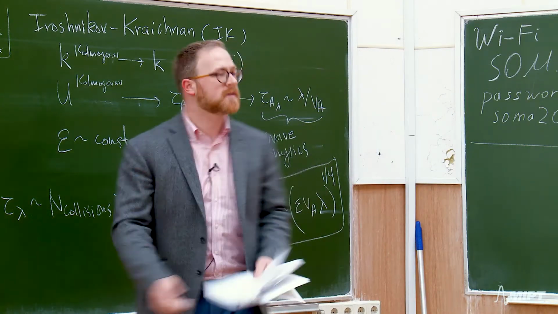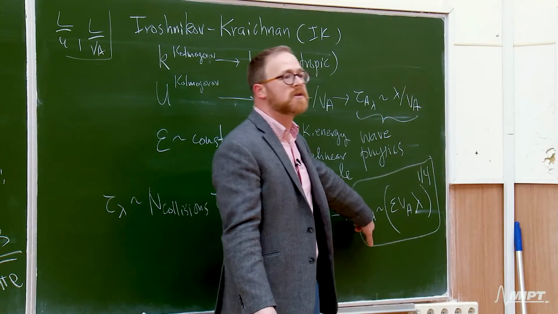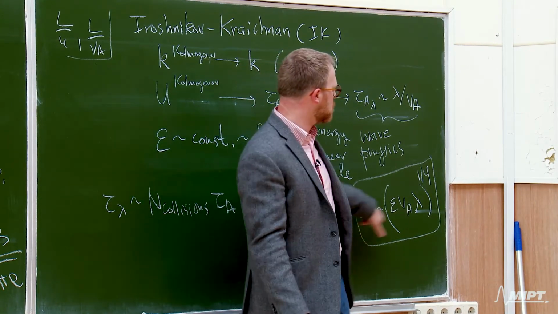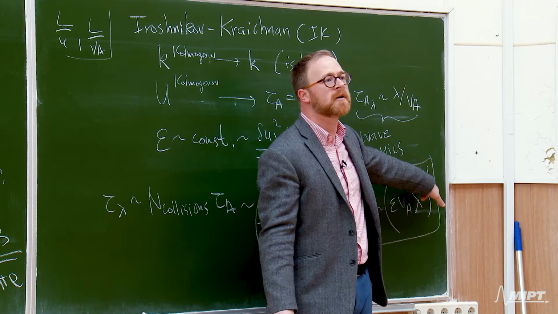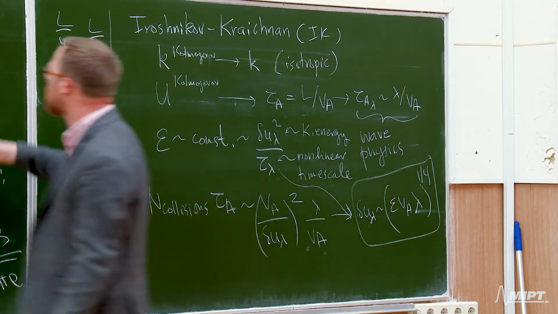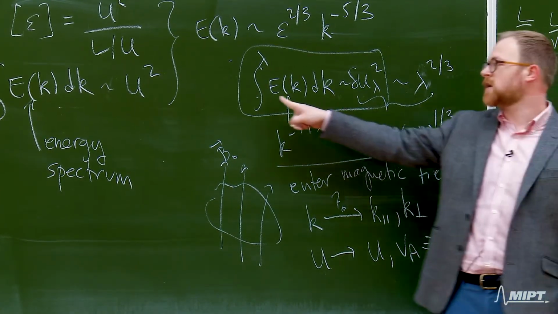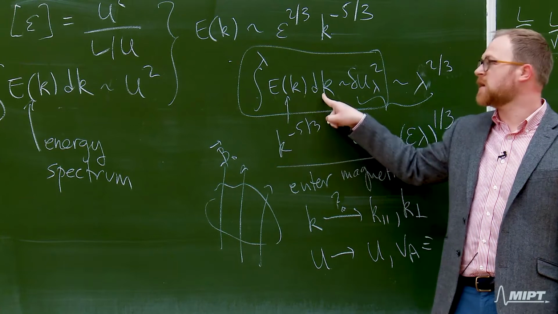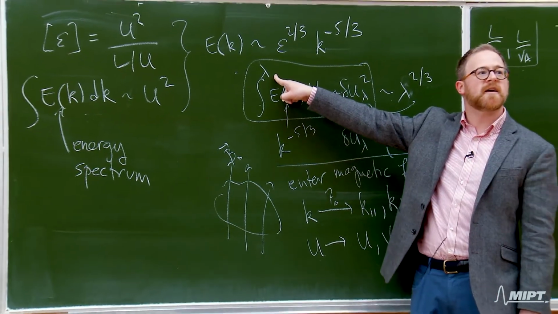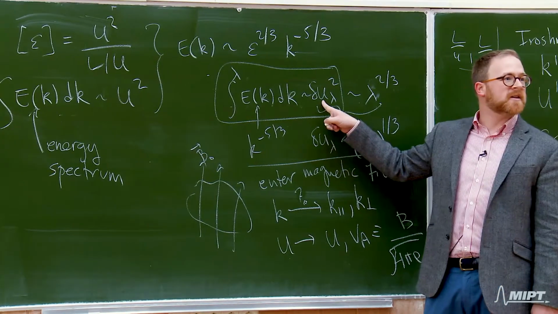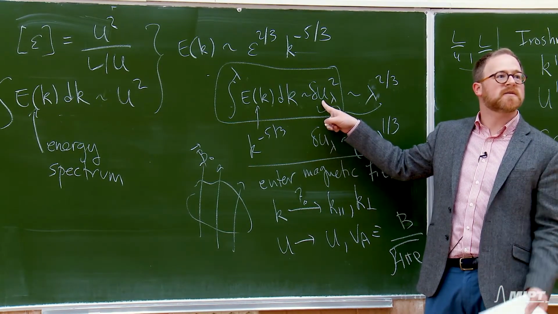Once you know this, it's straightforward to obtain the energy spectrum. You just take this formula. You see that U goes like lambda to the 1/4. And I just have to use this, right? If I integrate over all the energies at every k band up to some scale that I'm interested in, I get the kinetic energy living on those scales.